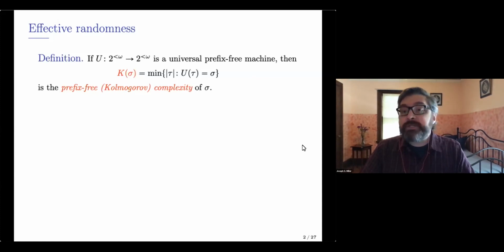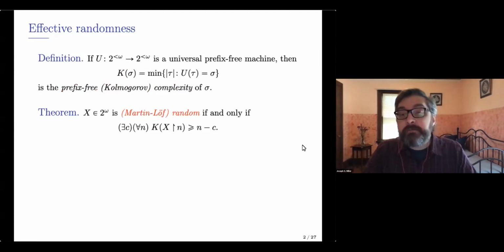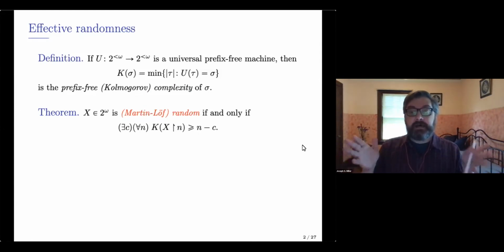You have a universal prefix-free machine, and you define K of sigma to be the minimum of the length of any string tau such that U of tau is sigma. So that's the prefix-free complexity of sigma. And it's well known that you can characterize Martin-Löf randomness in terms of prefix-free complexity, saying that the initial segments of your Martin-Löf random can't be compressed.